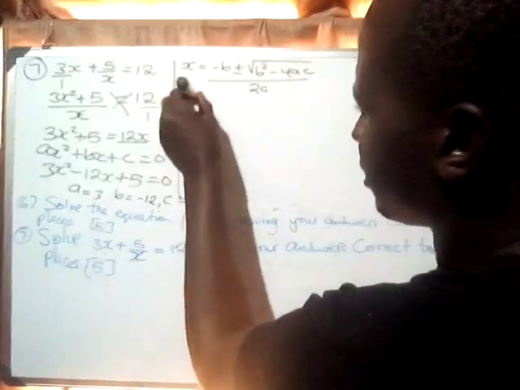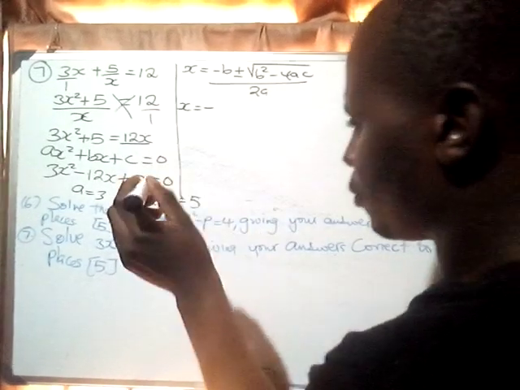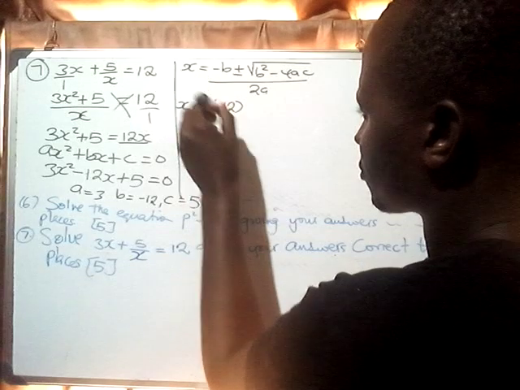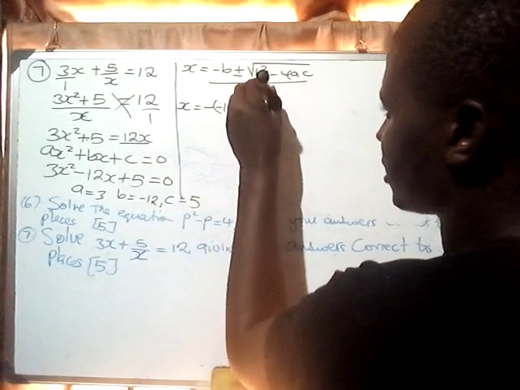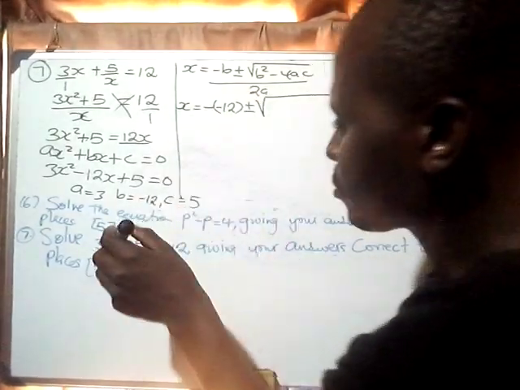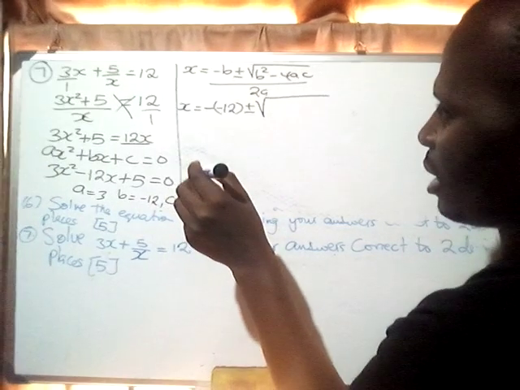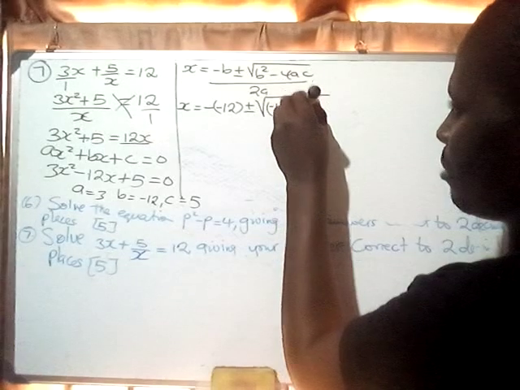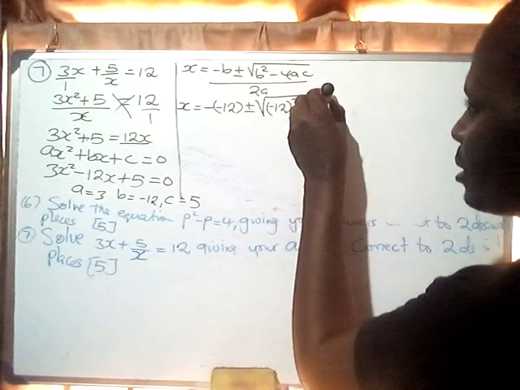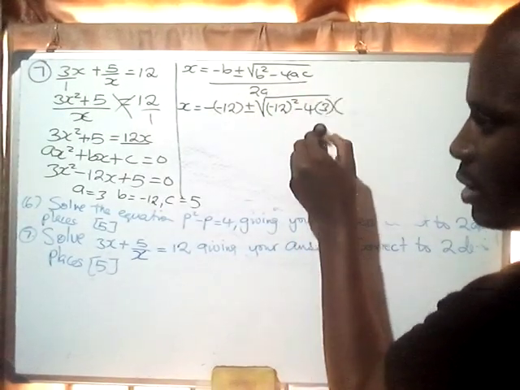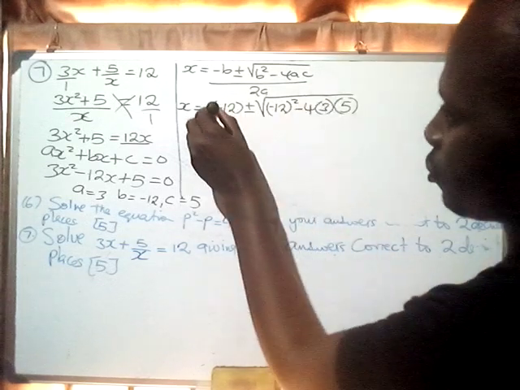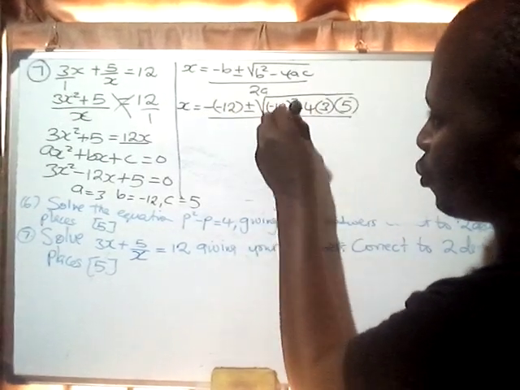So x is equal to negative negative 12 plus or minus the root of the b, which will be negative 12 squared, minus 4. Our a is 3 and our c is 5. So we'll say over 2.